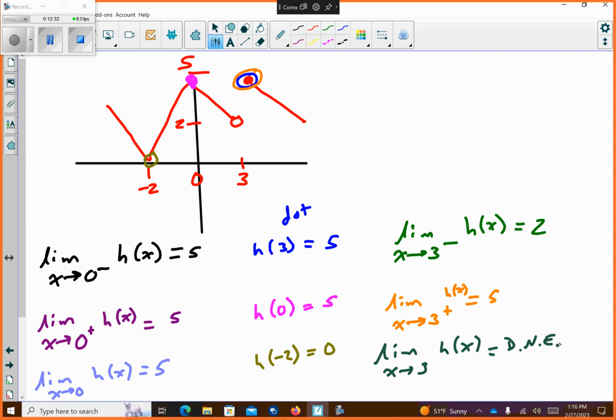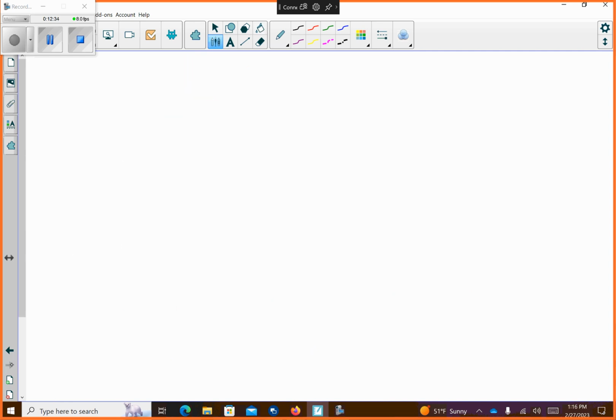Okay, let's take a look at problem number 2. On these ones, when they give you the equation, since you're allowed to use Desmos in this class, which I highly encourage, what I would do is just graph it.